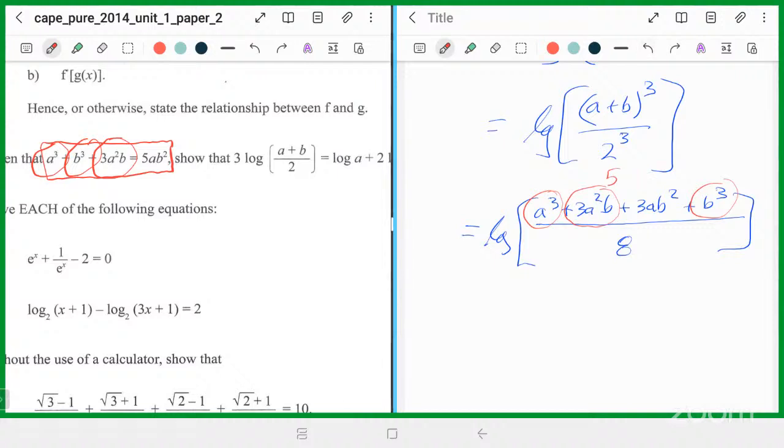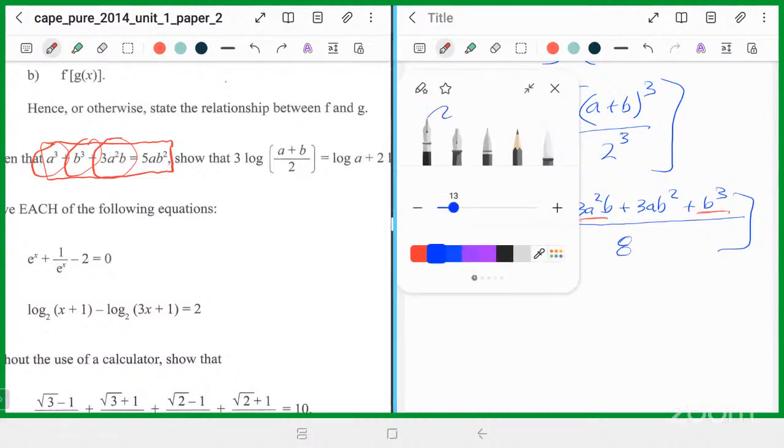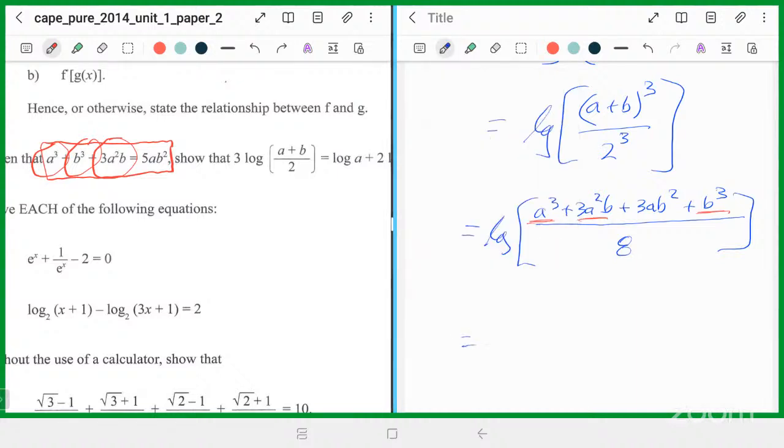All right, so I'm going to leave those underlined in red. This, and this equal 5ab squared. I'm going to write that now. So this becomes equal to the log of those three things that I've underlined, which is 5ab squared, and I'm adding back this 3ab squared, all over 8.